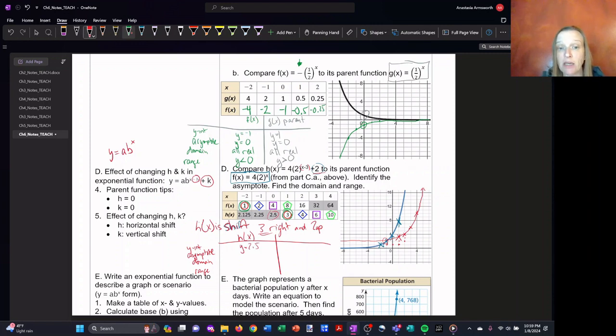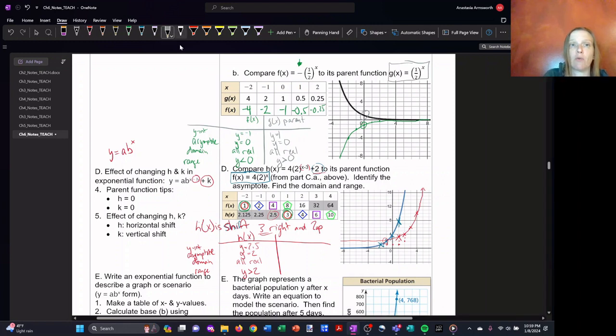The asymptote is at y equals 2, which is 2 higher than the original parent function because we shifted the graph 2 up. The domain is all real numbers. And the range is anything above the asymptote, so y needs to be greater than 2.